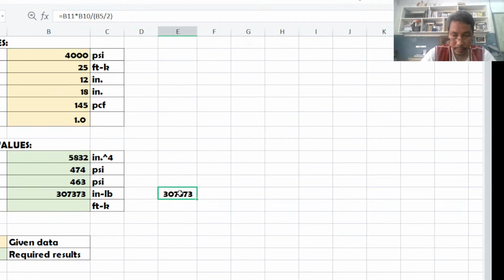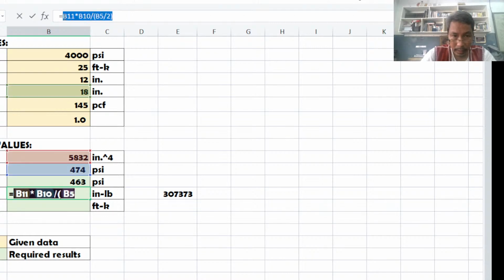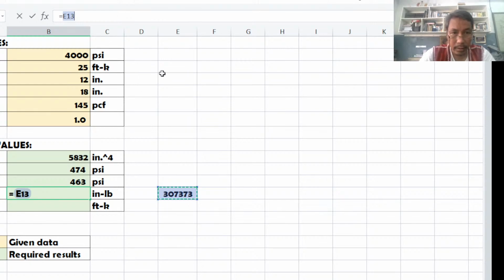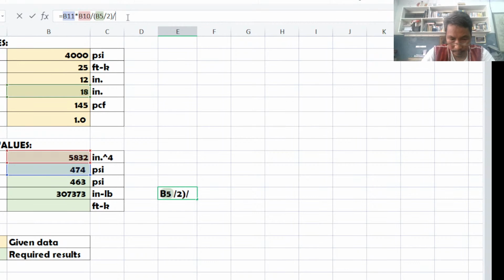So if we already know that, therefore we can equal. Okay. Undo. Let us divide this by 1,000.